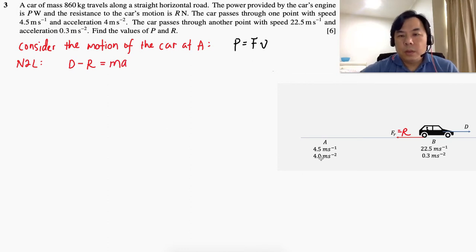The acceleration is given, and the speed is given at this point in time. By using the power formula, we can find the relationship between the driving force and the power. If you rearrange it, the driving force is power divided by the speed.